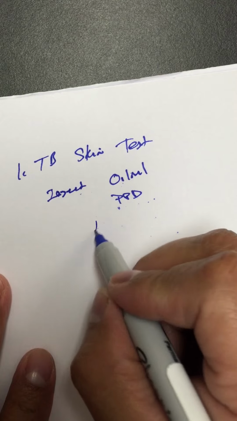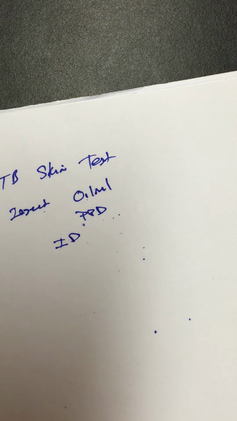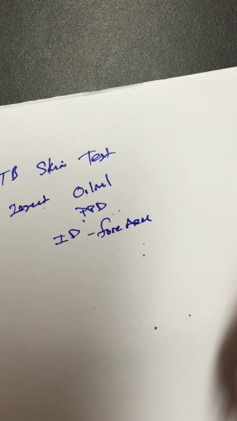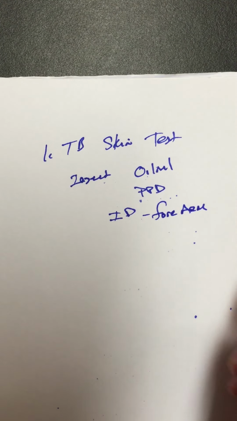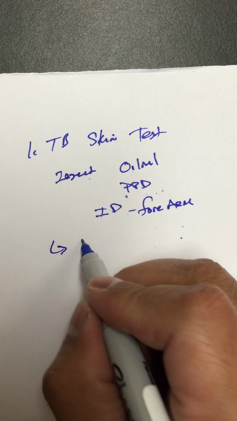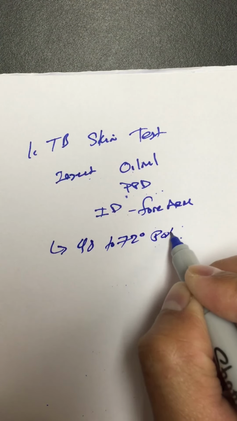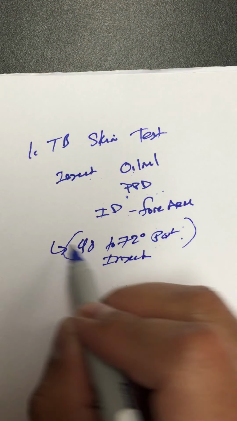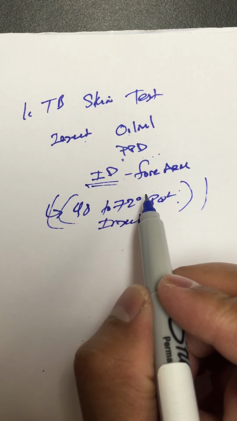Now, you will inject this intradermally, on the dorsal surface of the forearm. Now, you will read this 48 to 72 hours post injection. Okay, so remember that for the NCLEX, 48 to 72 hours post intradermal injection.